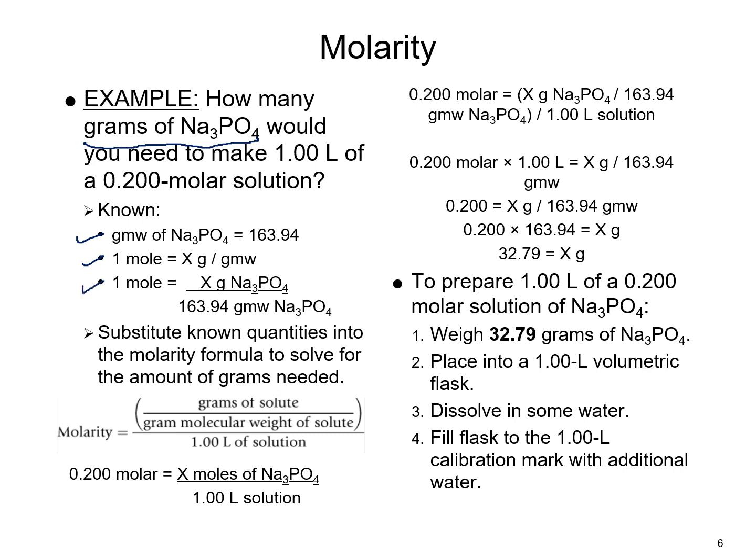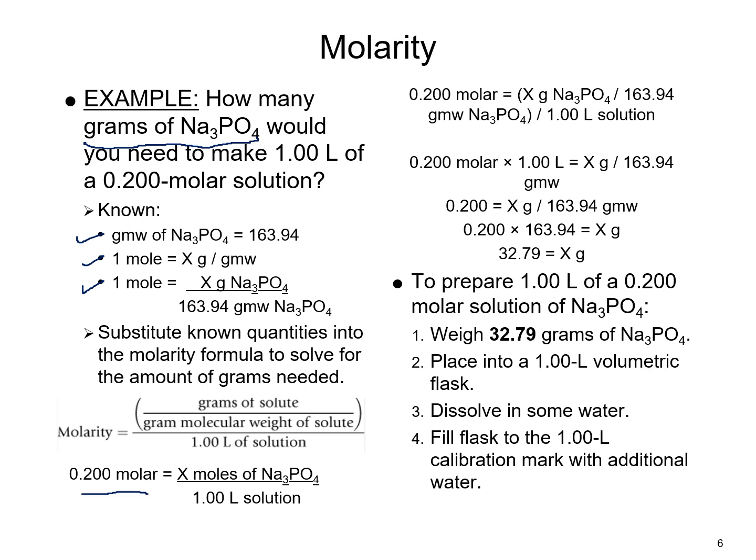Now what we need to do is substitute these quantities into the molarity formula to solve for the amount of grams that we actually need. So once we substitute those into place, then we're able to work out this calculation. So we know that we're trying to figure out the 0.200 molarity, and so we're going to plug all of those numbers in.